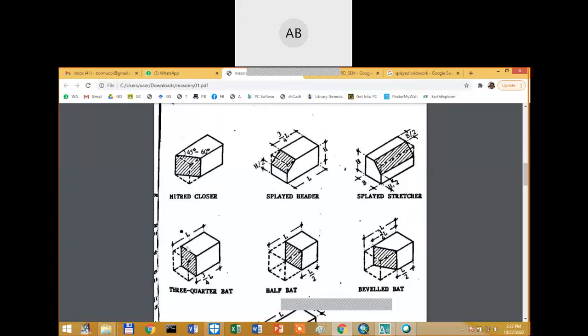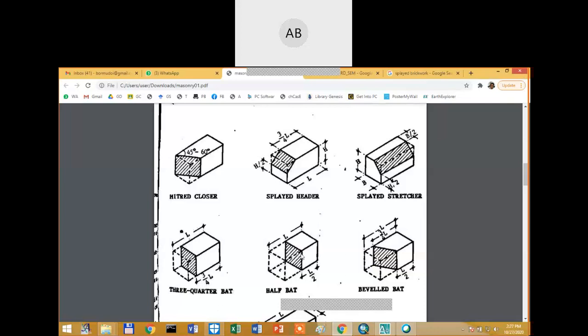A bat is something where you cut the brick along the stretcher side, sometimes at 1/3 or 2/3 or 3/4. Here, 1/4 of the brick is broken, and the other remaining part is known as a 3/4 bat.